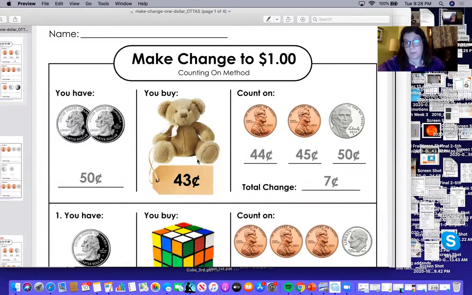You buy a teddy bear for 43 cents, not in this world. And count on to find how much change. Since it's 43, you're going to count on until you get to 44, 45, and then a nickel would be 50. So altogether you have 7 cents.